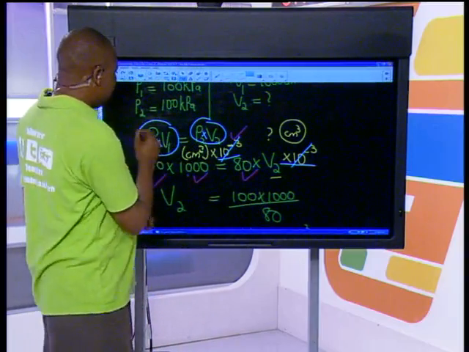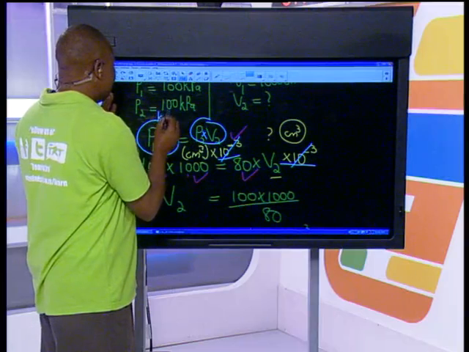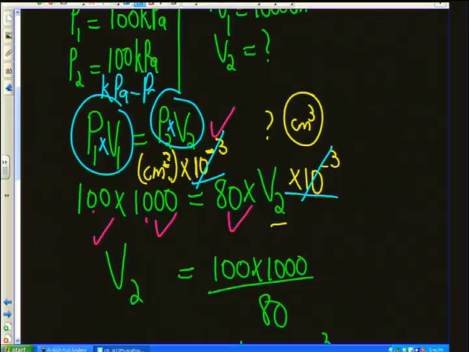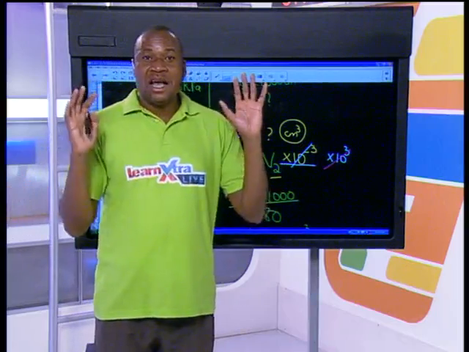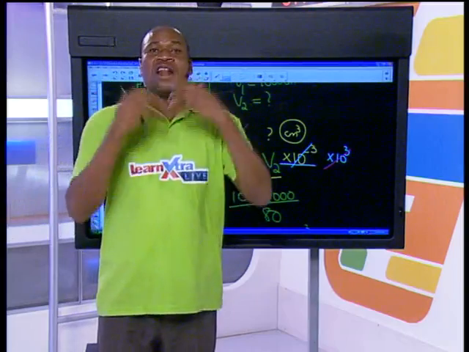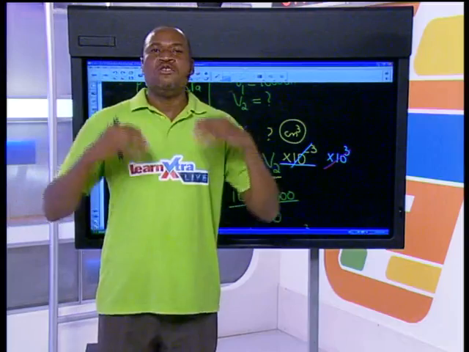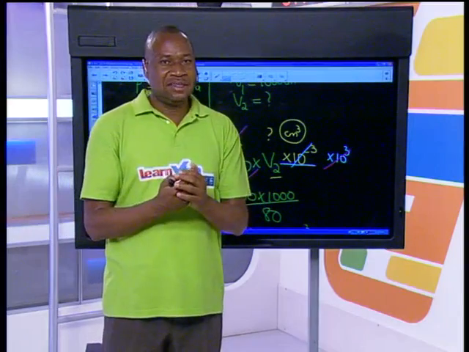If you want to change pressure from kilopascals to pascals, you multiply both sides by 10 to the power 3. Because the 10 to the 3 is on both the left and the right, you can do away with it, so that conversion does not affect your calculation. That's why you don't have to go to the SI units as such.